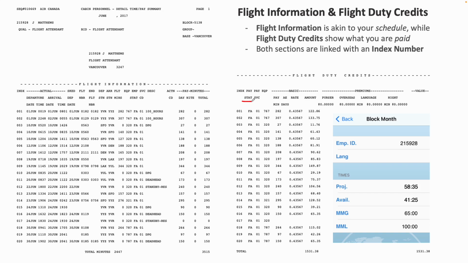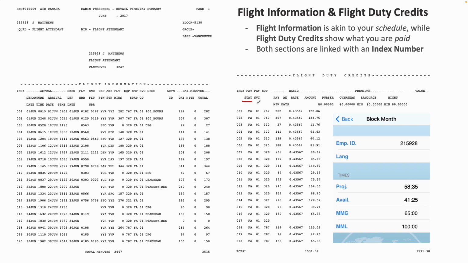We have the pay stat column. This is similar to the emp stat column from flight information. In this case, the pay stat column, that stands for pay status. So for the purposes of pay, what was my status for the activity in question? Sometimes your pay status is not the same as your employee status.